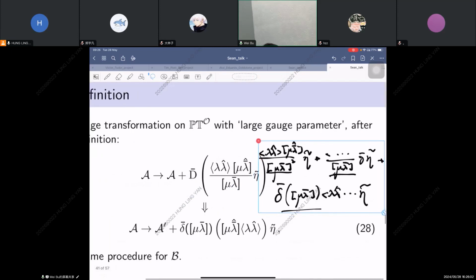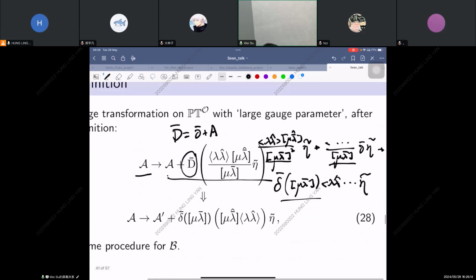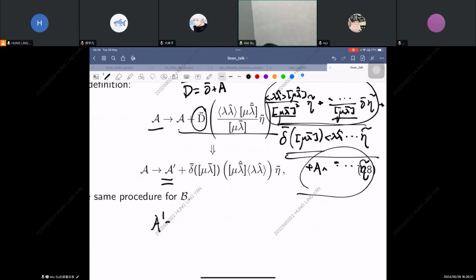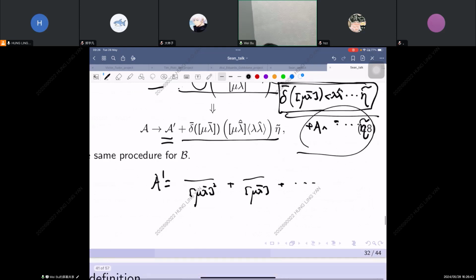For a gauge transformation on twisted space, if I do this large gauge transformation, I take A going to A, this is the covariant D, d bar plus A. So I do this, then I get all these terms plus A wedging into the eta term. If I write it out, then I do a field redefinition, which incorporates this term and these two terms. I call that A prime. Now A prime is something with a double pole in mu lambda bar, something with a simple pole, and then some other term, leaving out only this term, which has a delta function in it.